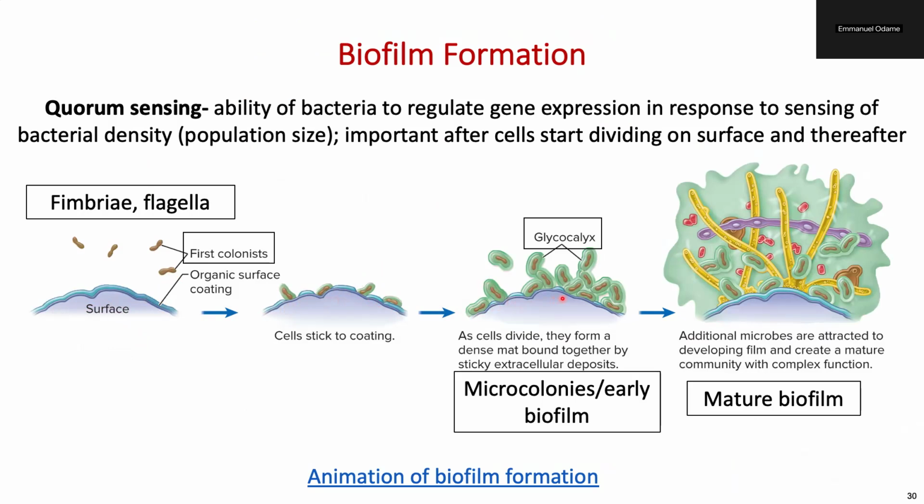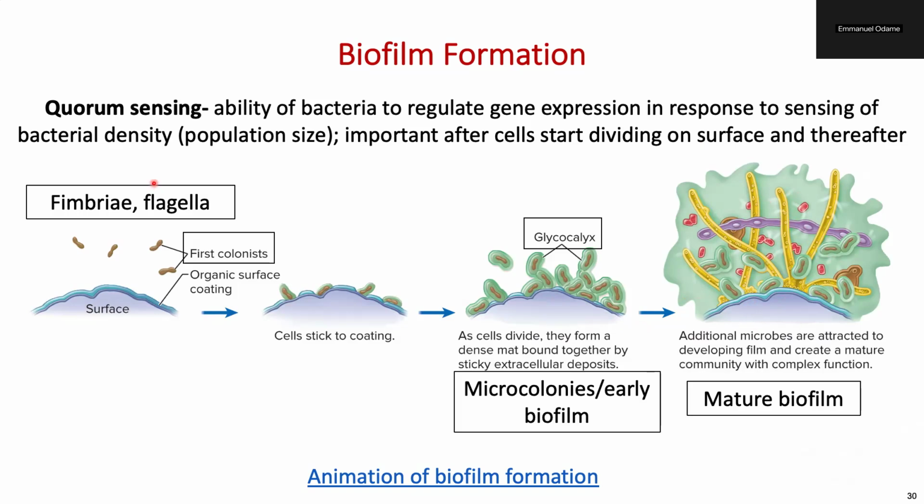Glycocalyx formation starts, and they keep forming this glycocalyx, and because they have this biofilm present, they keep attracting more, and the ecosystem keeps growing where you have a complex community of bacteria, everybody keeps coming, joining the community, and they keep growing and growing. And that's basically how biofilm is formed.